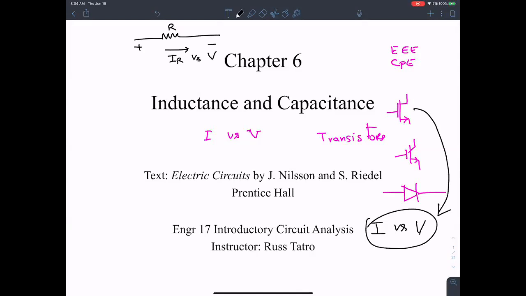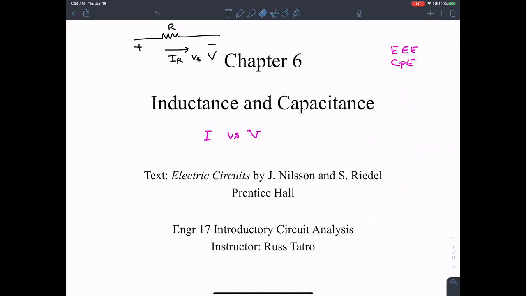That's the idea that gives us intuition about the terminal behavior of any circuit component. We'll do the exact same thing for inductors and capacitances as well.